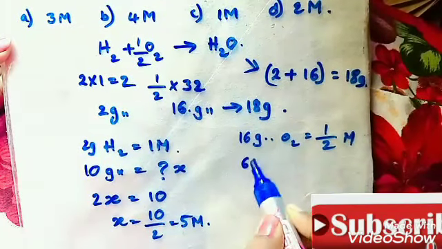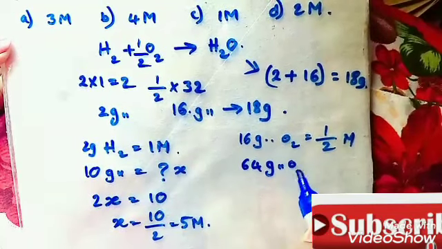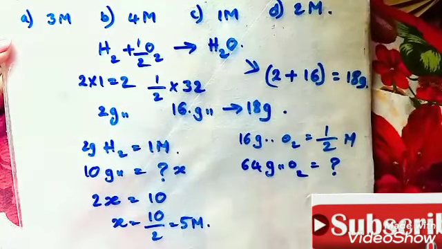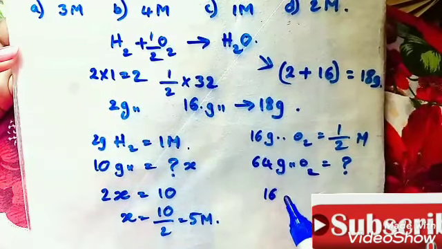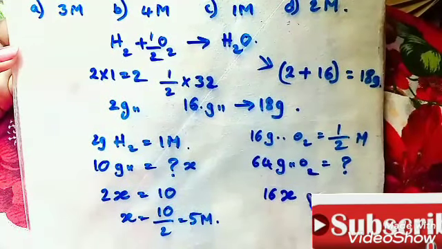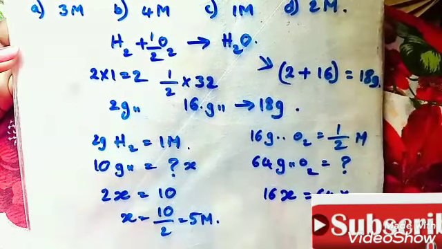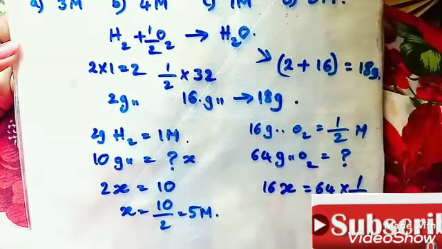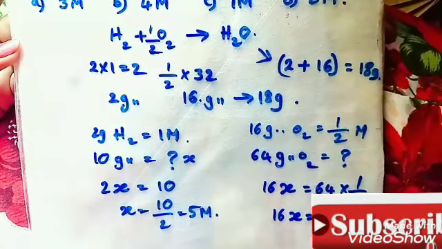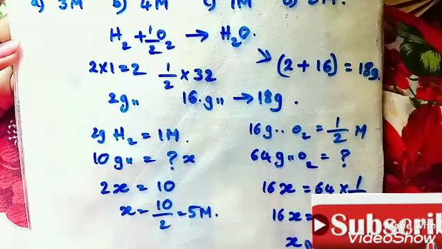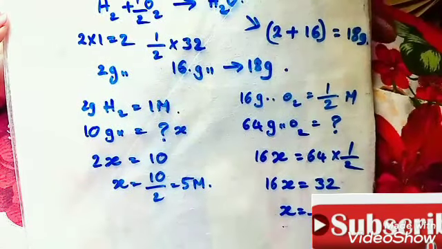Then for 64 grams of oxygen, how much must it be? That is the question, students. If we say x, then 16x is equal to 64 into half, by cross multiplication. Then 16x is equal to 32.